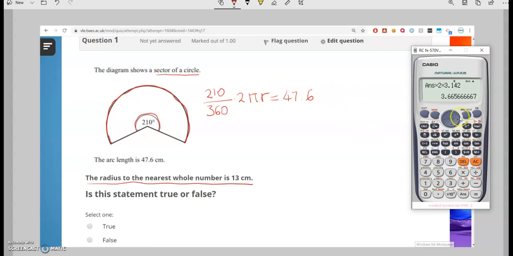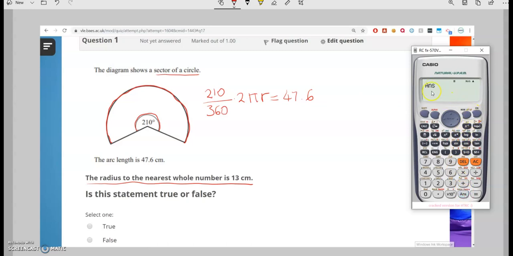And so this number multiplied by the radius should give us 47.6. So what we're going to do is divide 47.6 by this number and see whether that gives us the radius being approximately 13. So we'll store this as the answer.